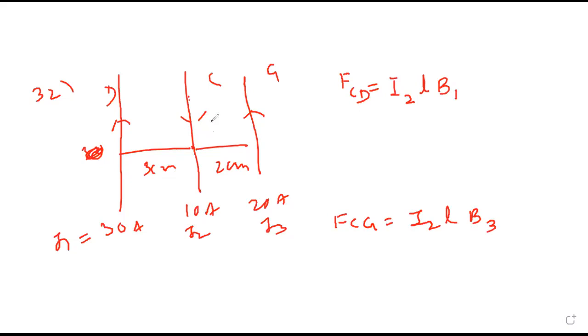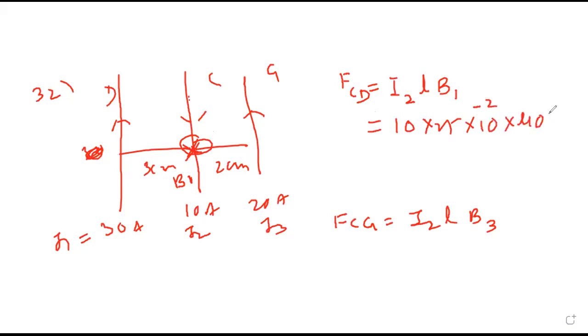What will be the direction of field for C due to D? Inward, due to B1. So force formula is I2, that is 10. Length is 25 centimeter, so into 10 raised to minus 2.